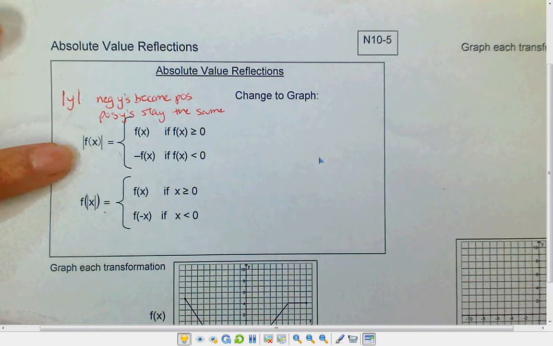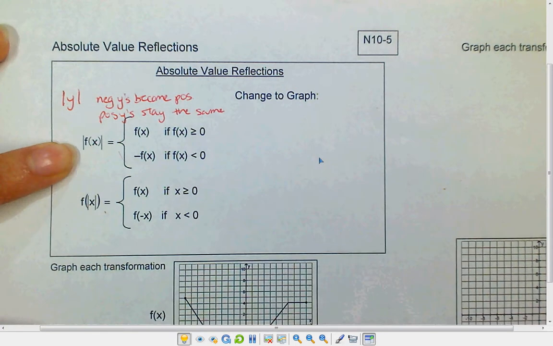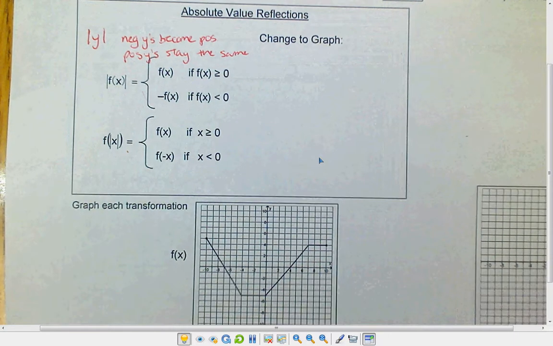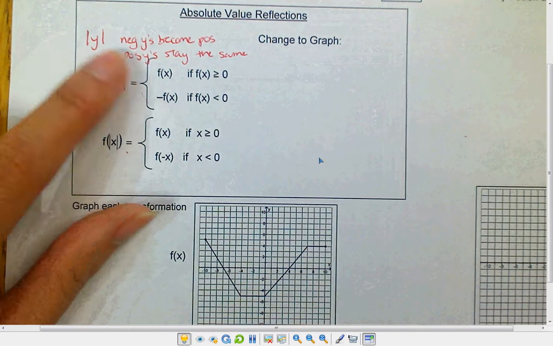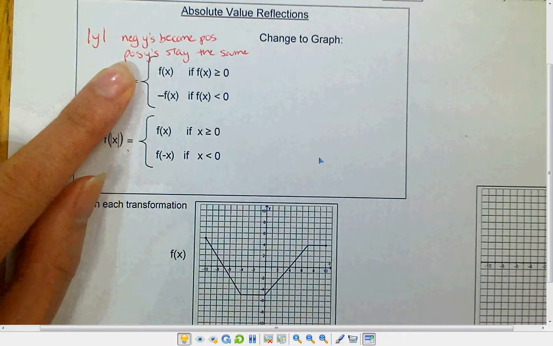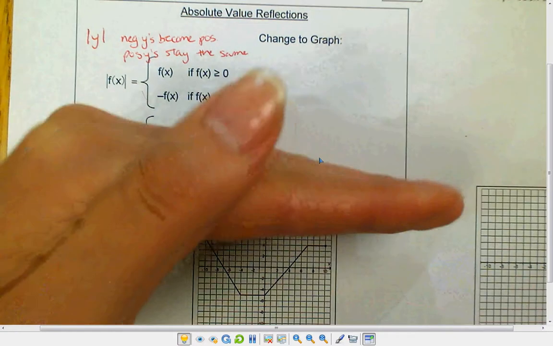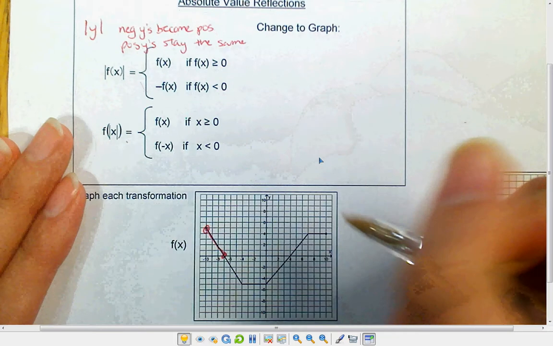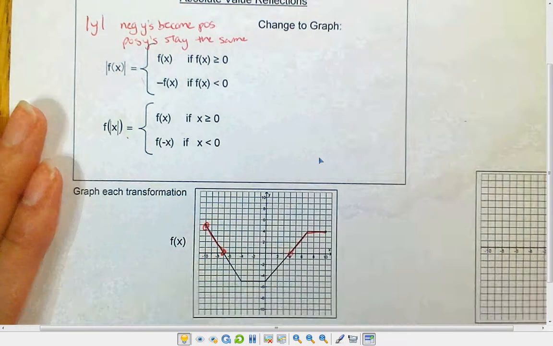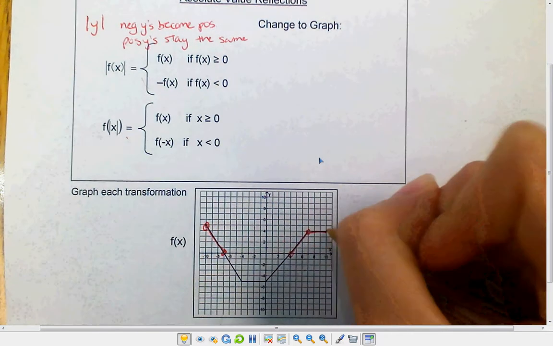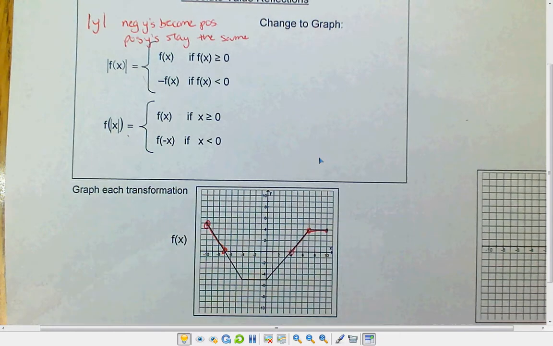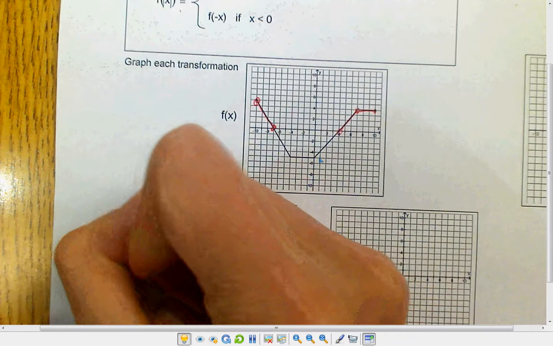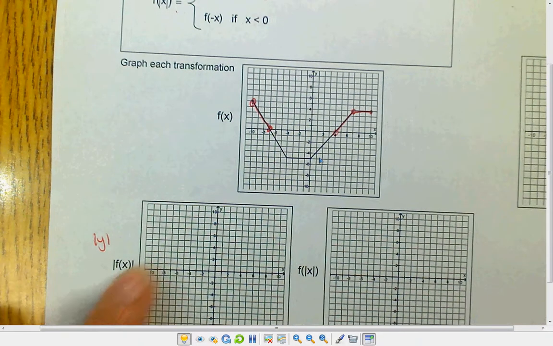So let's see what this looks like, and we're going to write down what happens to our graph. If we take a look at this first function right here, what parts of this graph do we have positive y values, because those are going to stay exactly the same. Our positive y values are anything above the x-axis, which is this part right here, and this part right here. This is all where your y's are positive, so that's going to stay the same. So when I take my absolute value of f of x, this part stays the same.